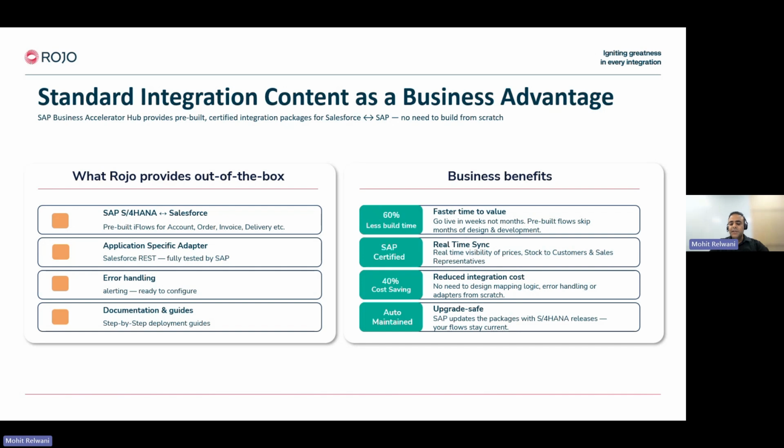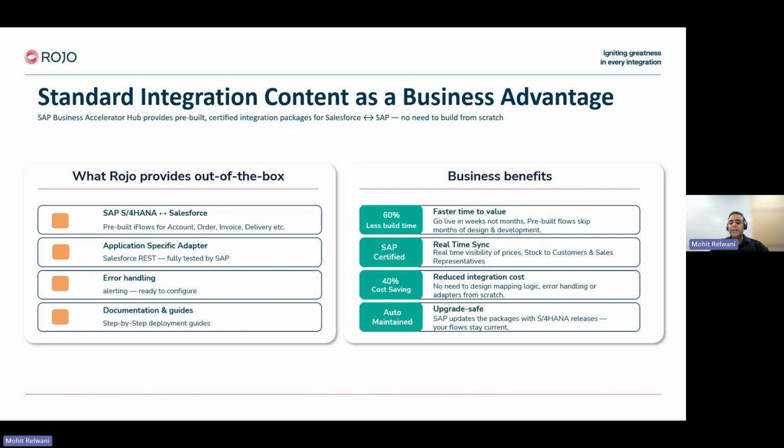And what are the business benefits the organization is getting? Certainly, as we have seen in the previous slide, the go-live or deployment time is reduced drastically, and there is a real-time sync between the customer or the sales representative and what is in our ERP system, whether it is pricing, availability of the products, or the delivery of the product and timing.